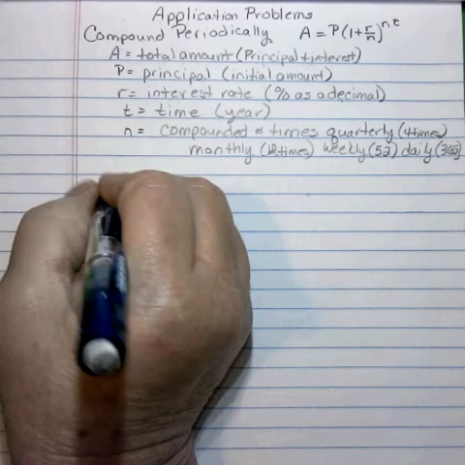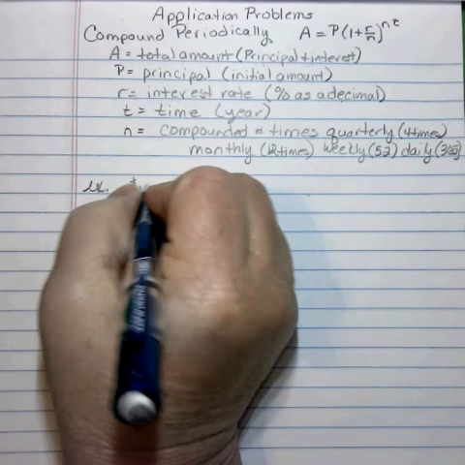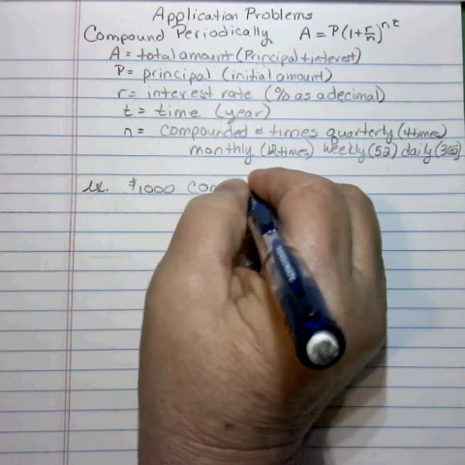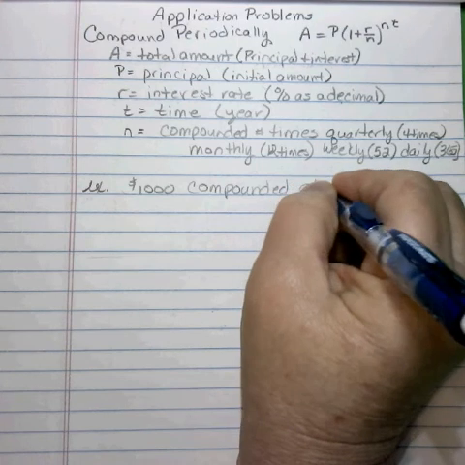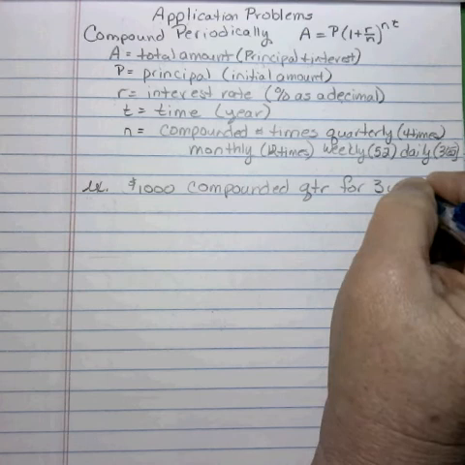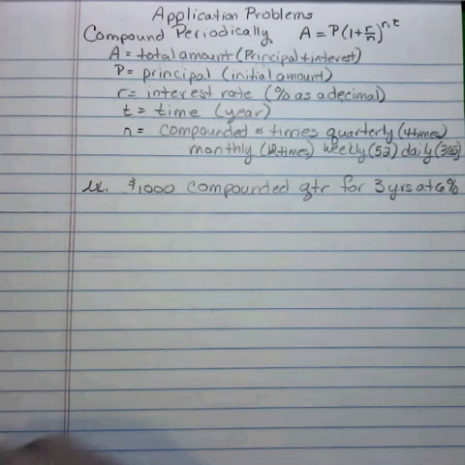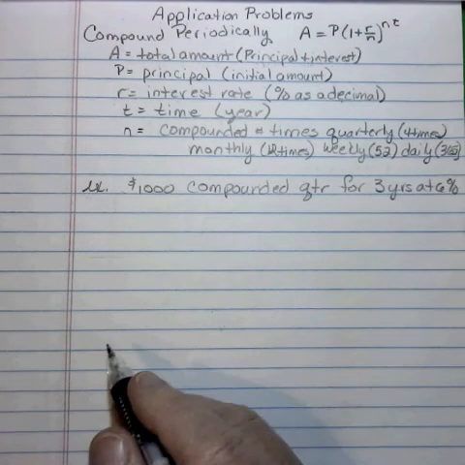So let's look at our first example problem. We want to invest $1,000 compounded quarterly for 3 years at 6%. So we're going to set this information up using our formula.